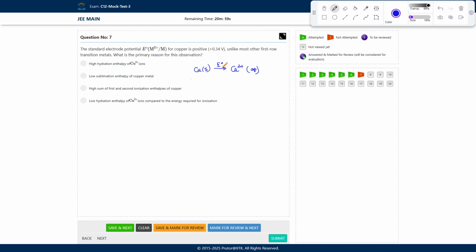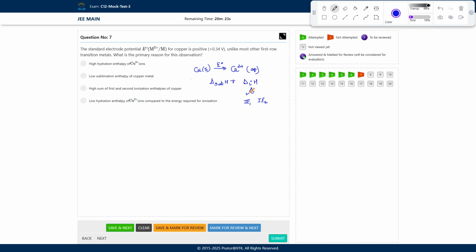This is the sum of the sublimation energy, delta sublimation H, plus the ionization enthalpy. Sublimation energy is for the conversion of solid to gaseous, and ionization energy is for the conversion of the element to the ionic form, covering both ionization energy 1 and ionization energy 2.